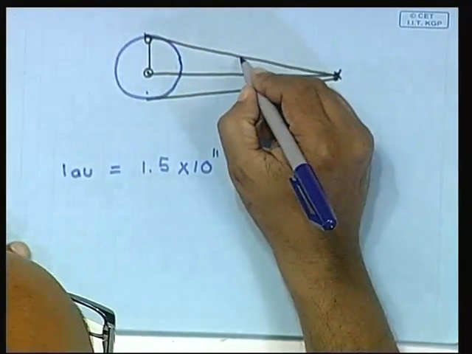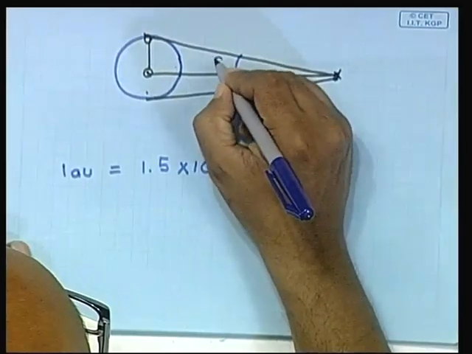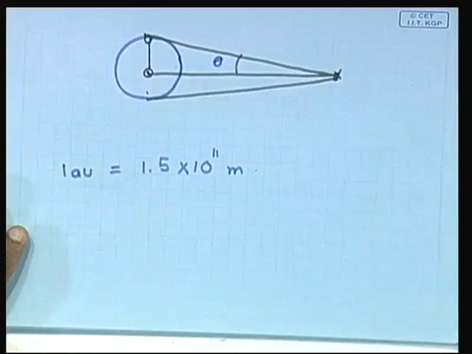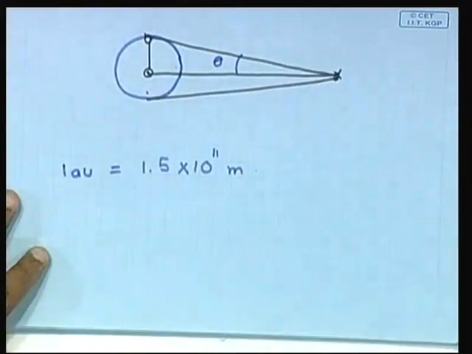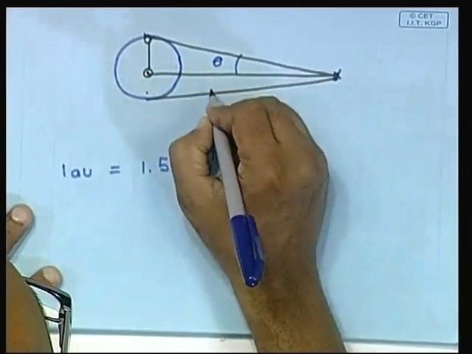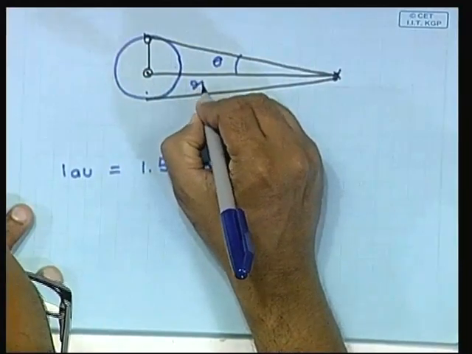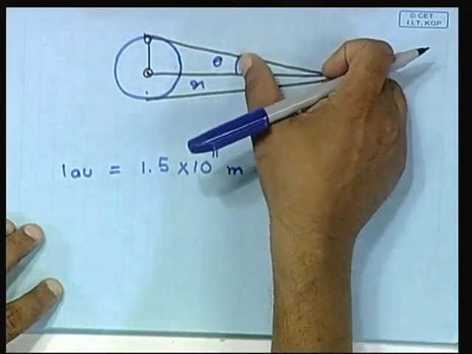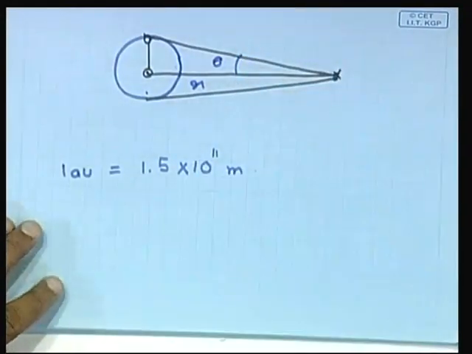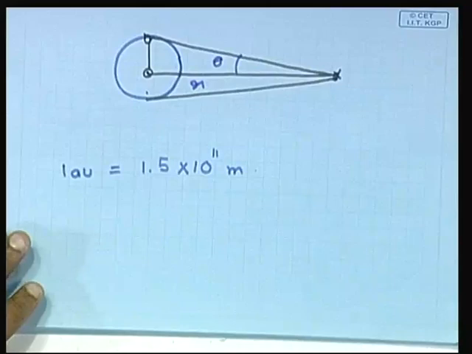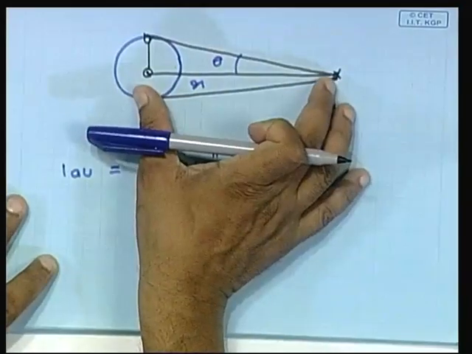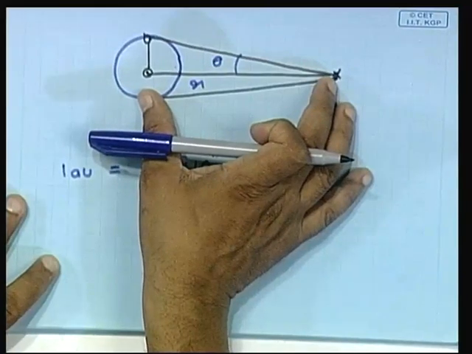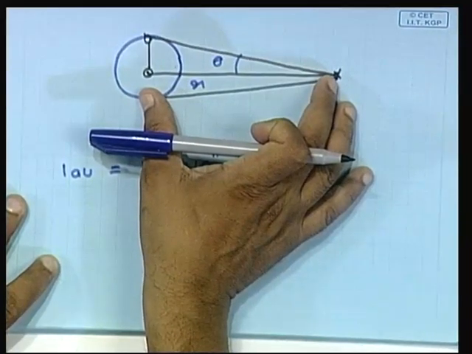Okay. So, we are interested in this angle theta, which is half the change in the angle. The distance r at which this theta is 1 arc second is called a parsec. This is the distance scale that we use beyond the solar system.